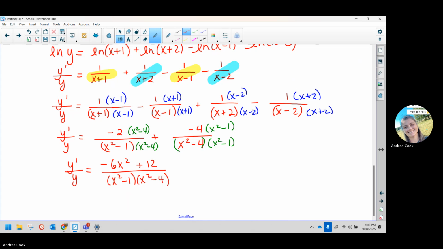So I distributed negative 2 and I distributed negative 4 and combined like terms.